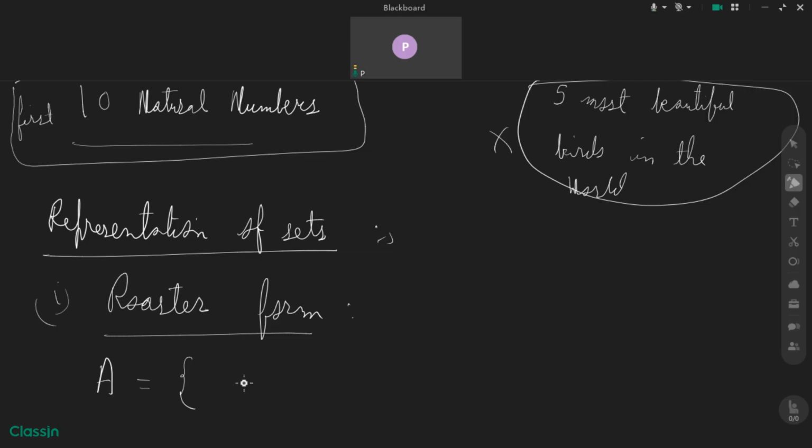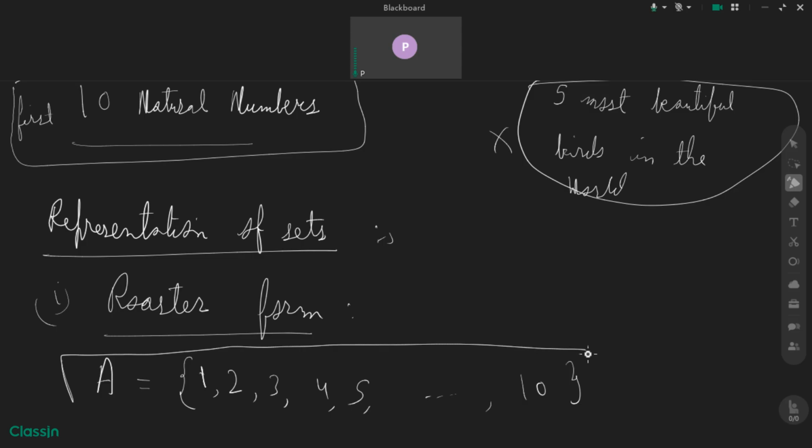Since the set is the set of first 10 natural numbers, I will write the first 10 natural numbers. Between each element, I just separate them with a comma: 1, comma 2, comma 3, comma 4, comma 5, comma, and so on up to 10, and then I close the bracket, and in this way this set can be represented in roster form.